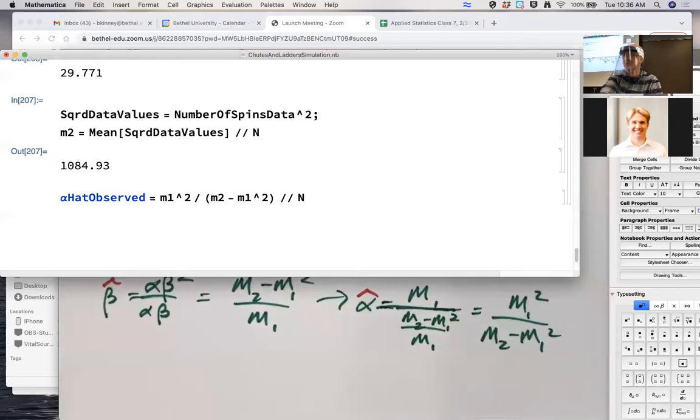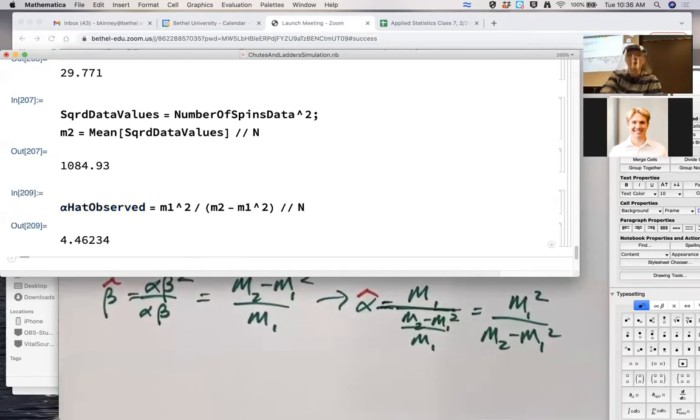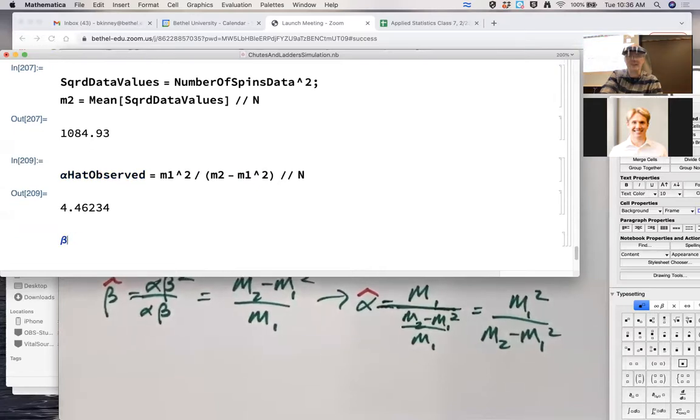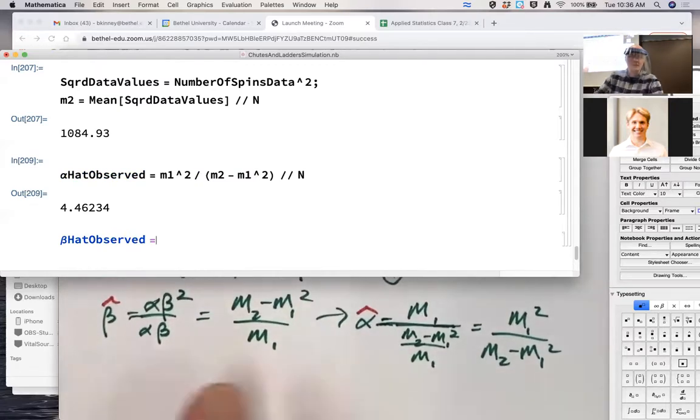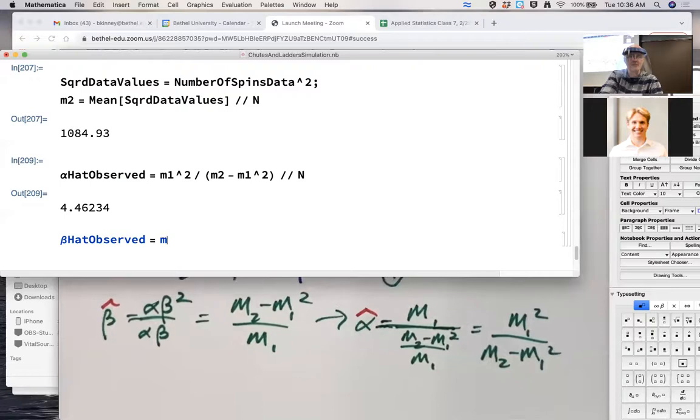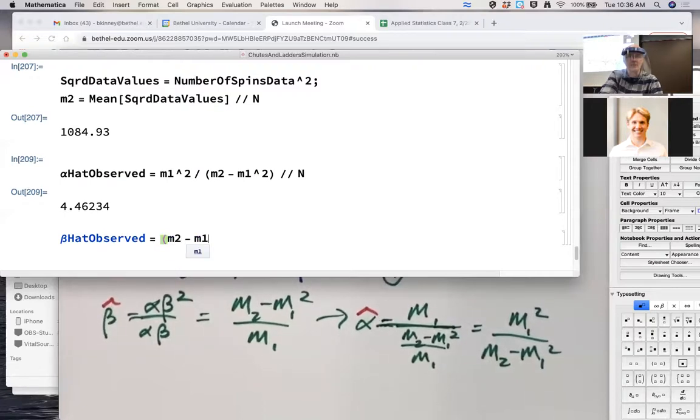Hopefully it's close to maybe 4 or 5 or 6 or 7 something, 4.46. And beta hat observed using this formula here should be m2 minus m1 squared all divided by m1.